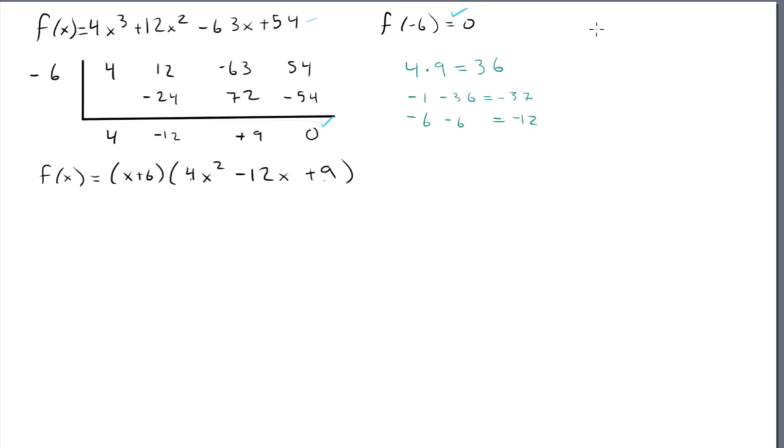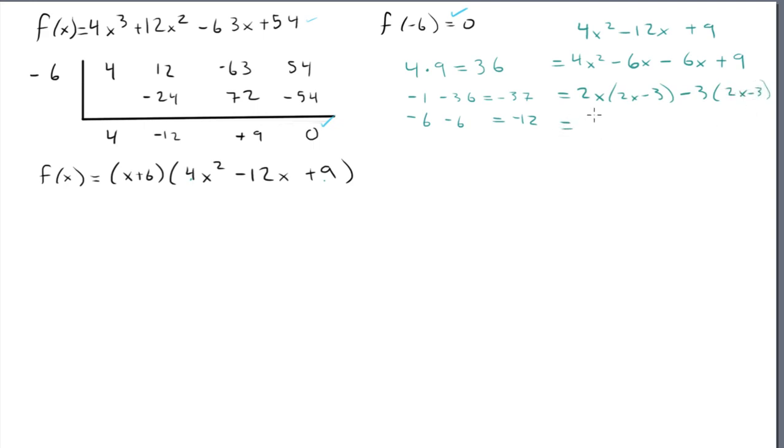So this breaks apart into 4x squared minus 12x plus 9 is equal to 4x squared minus 6x minus 6x plus 9. This is equal to 2x times 2x minus 3, minus 3 times 2x minus 3.